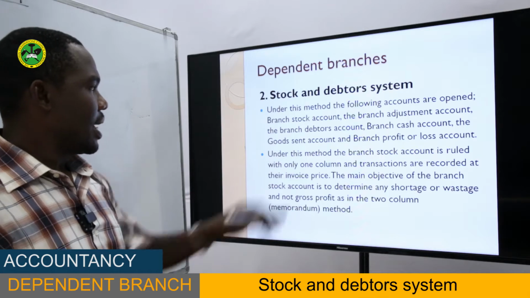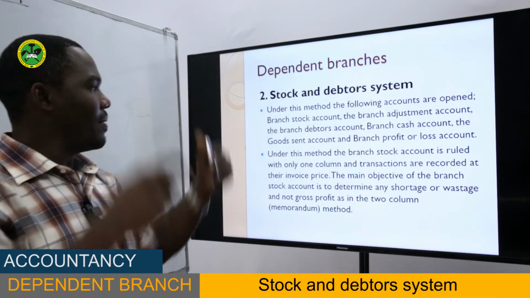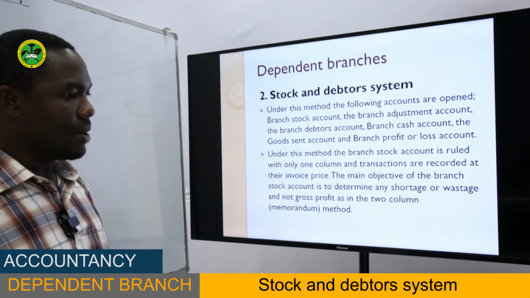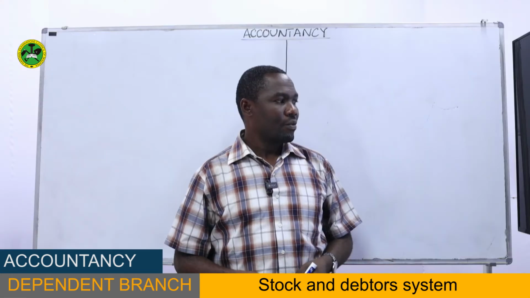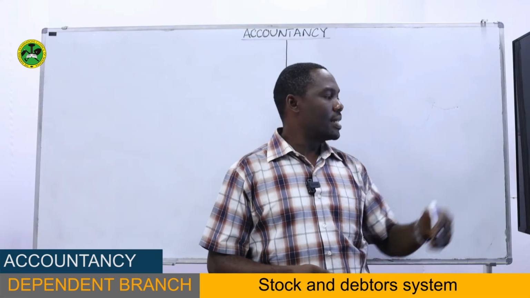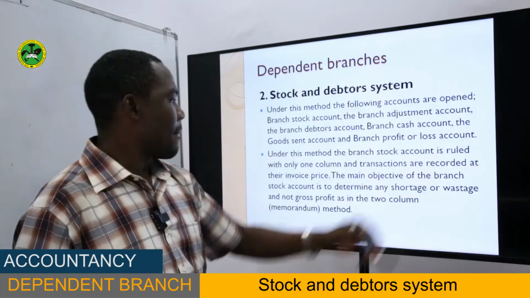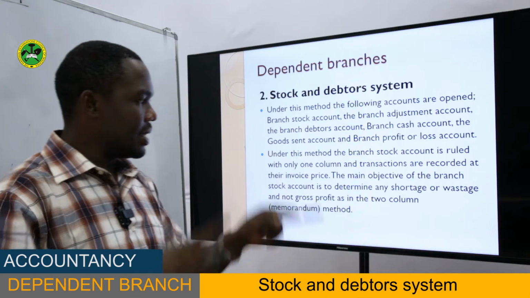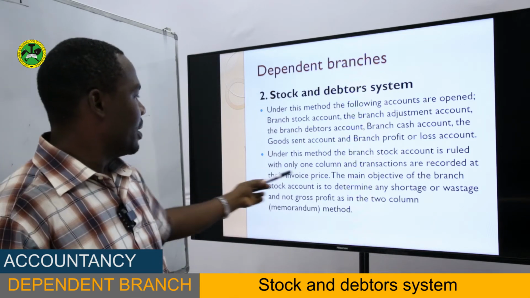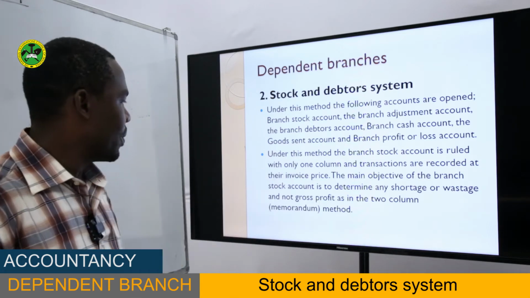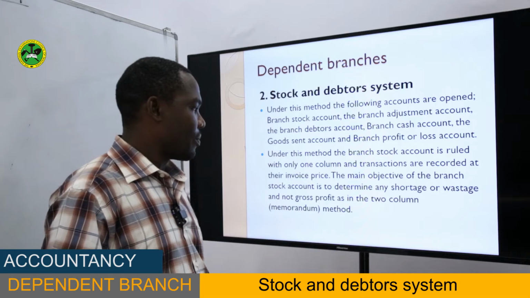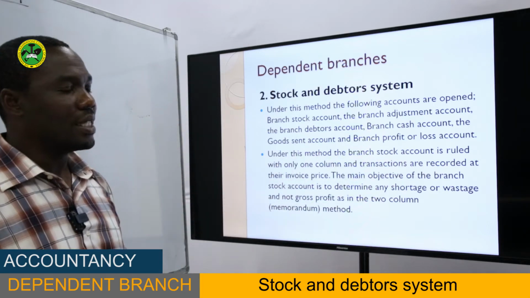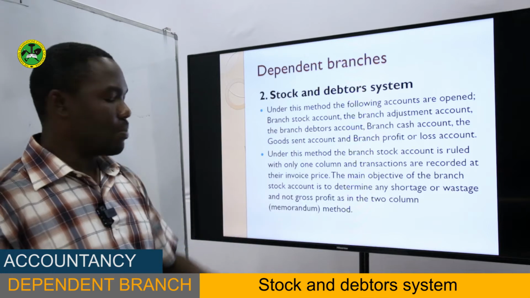Of course, this account in the previous method was covered in the branch stock account in the base column. Because under this method, the branch stock account, instead of being opened in 2 columns, will be ruled with only 1 column. And the transactions recorded in this account should be recorded at invoice price.